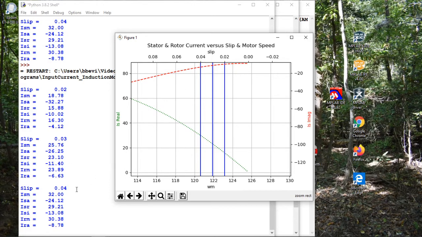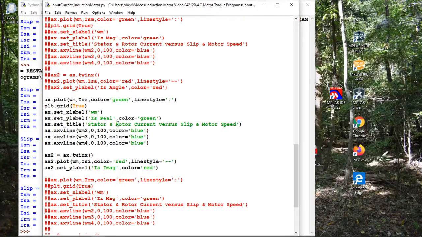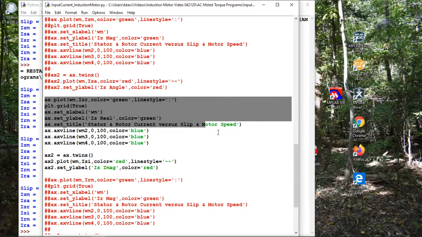Go up to a slip of 0.4, the real component is like 29. So the real component of the current is increasing, and of course, the imaginary component is going down. Okay, so that's interesting.